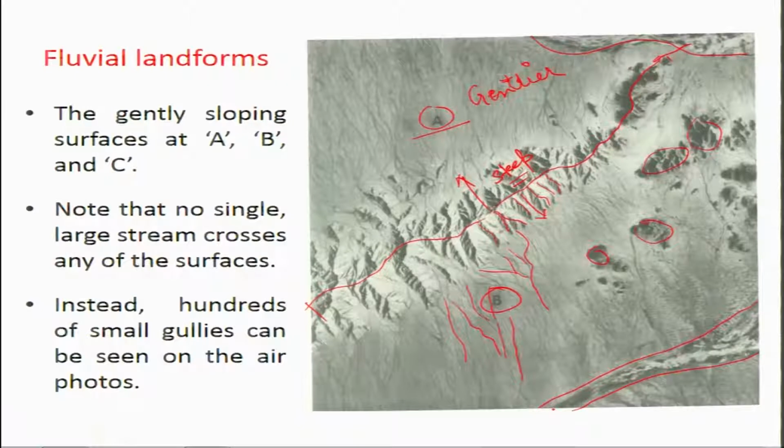So, this may provide some surface runoff to this region as well as precipitation. That is why there are a number of gullies. Note that no single large stream crosses any of these surfaces. Instead, hundreds of small gullies can be seen on this photo.